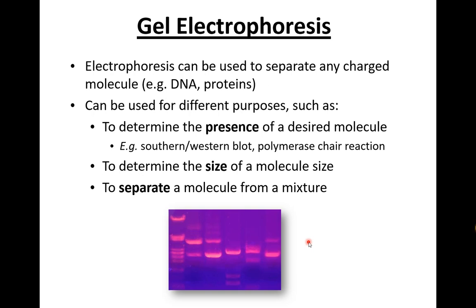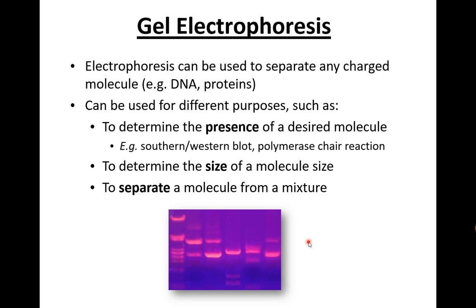Proteins can have different charge depending on the residues that they have and the pH of the solution. But these molecules could be separated with this technique, right? And now these techniques can be used for different purposes. You can just use it to see if something is present. For example, for proteins, you want to know if a tissue, liver, expresses a certain protein that is found in the brain, or is only the brain doing it.